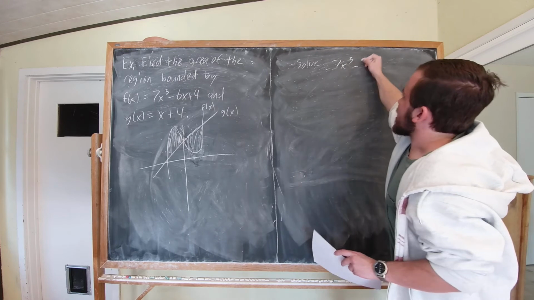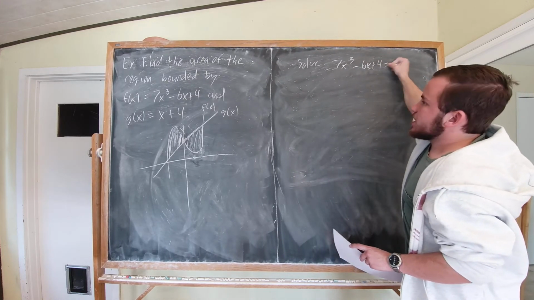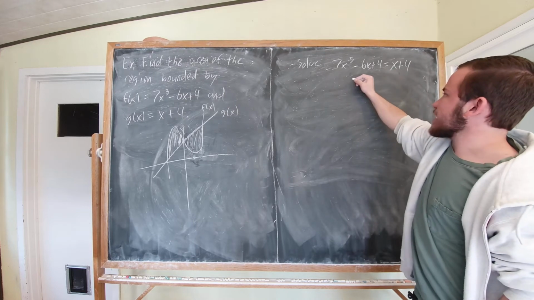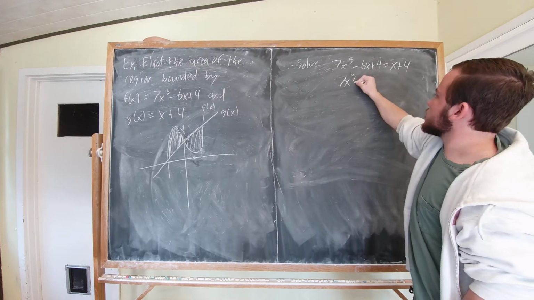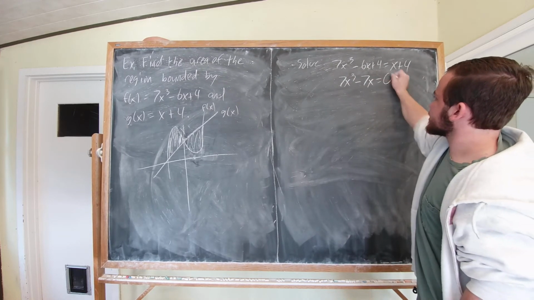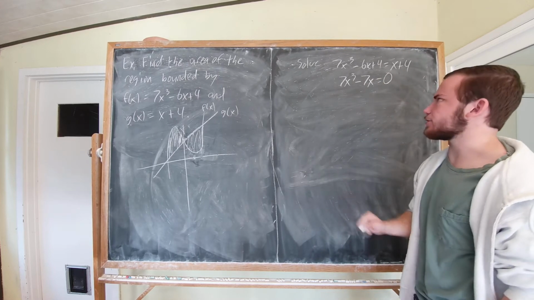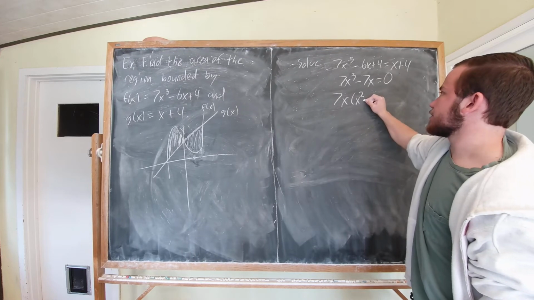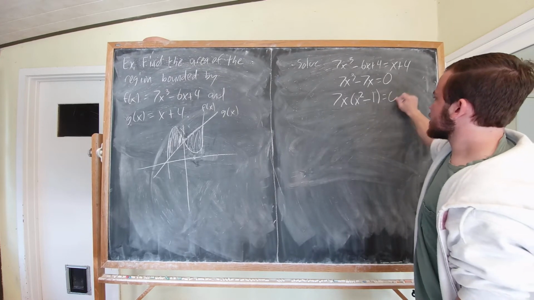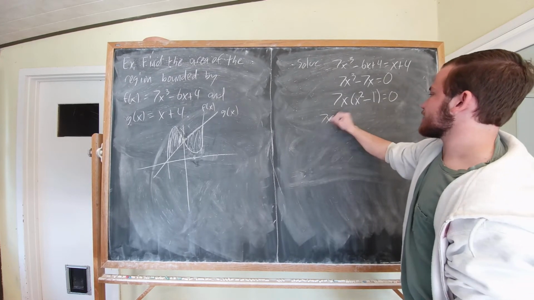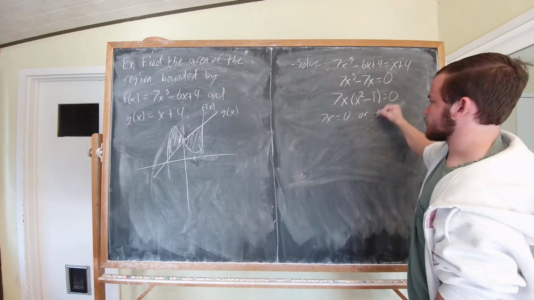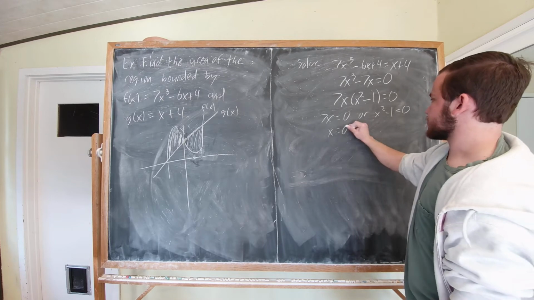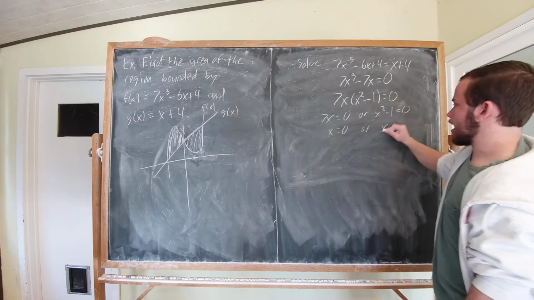7x cubed minus 6x plus 4 is equal to x plus 4. Subtract everything on one side, and you get 7x cubed minus 7x is equal to 0. That's something we can handle factoring. That's 7x times x squared minus 1 equals 0. So either 7x equals 0, or x squared minus 1 equals 0.